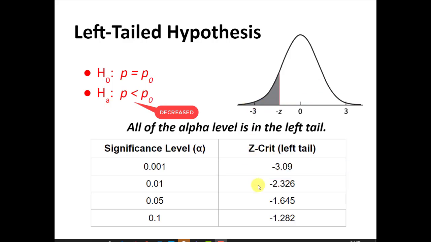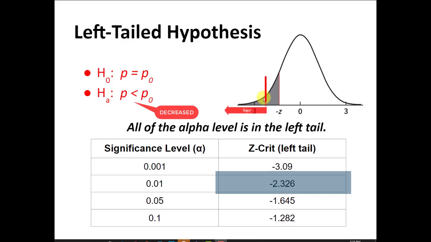For a 0.01 alpha, you are going to use the z-crit of negative 2.326. So your z-crit would be maybe over here about, okay? And the whole 1% would just be out here.